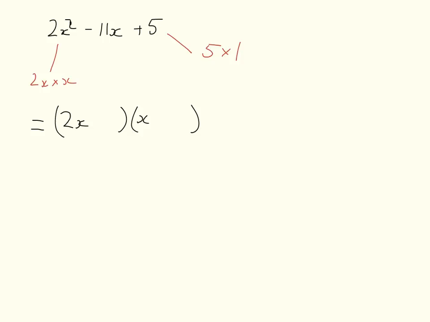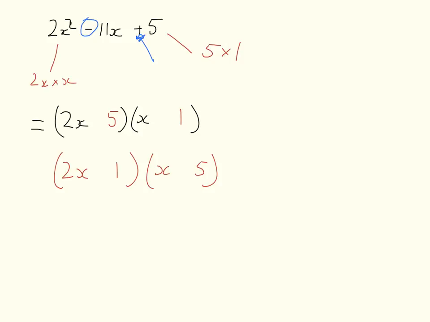Now, the thing here is that we have two options. In our last one, our numbers were 1 and 1, so it didn't really matter where we put them. Here we have options. We have either 2x and 5, and x and 1, or we have 2x and 1, x and 5. Now, the other thing I can look at here is that this is negative, but this is positive.